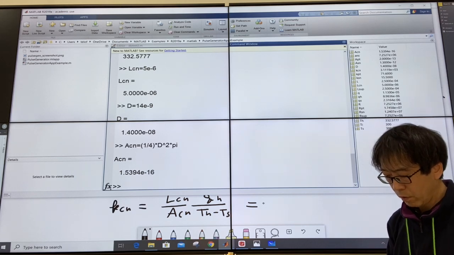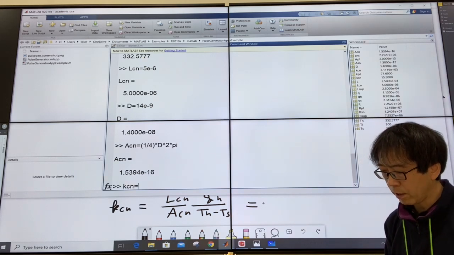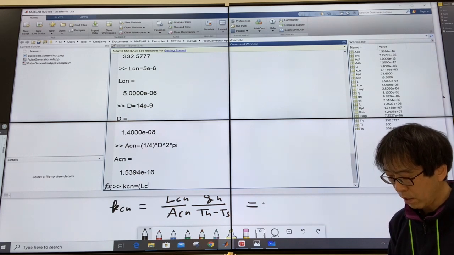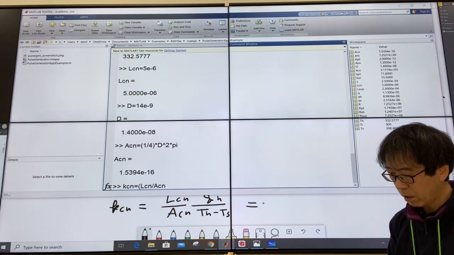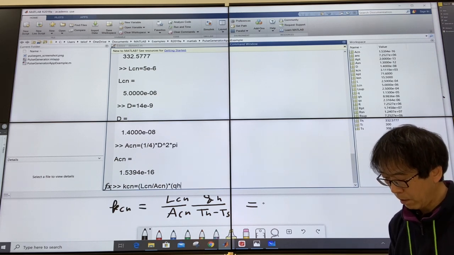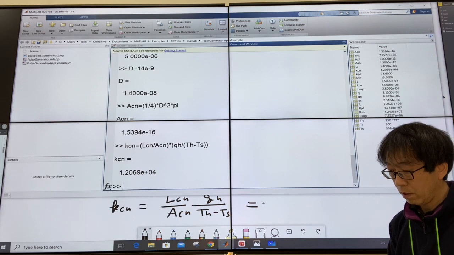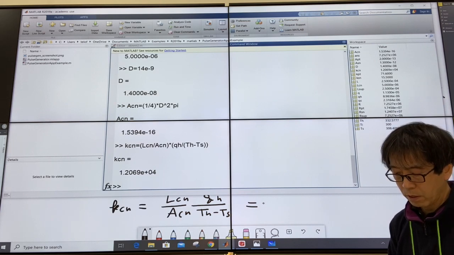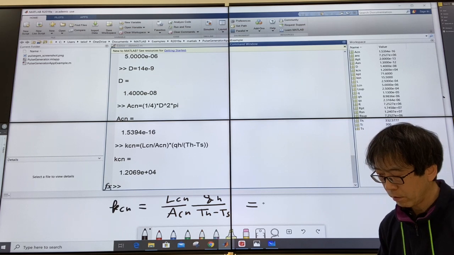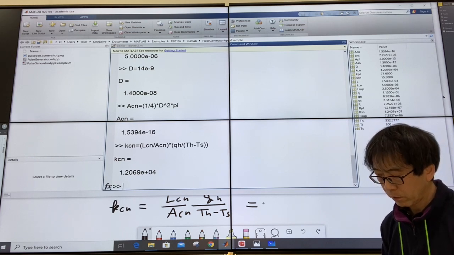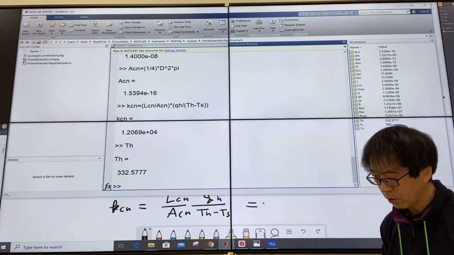Everything's ready. So KCN you can really calculate, and that will be LCN divided by ACN times QH, which we have already calculated, divided by TH, which we have calculated, minus TS. There's something wrong with this. Was it QH? TH? That's right.